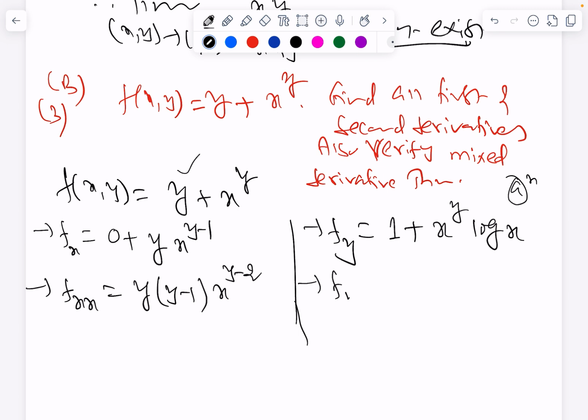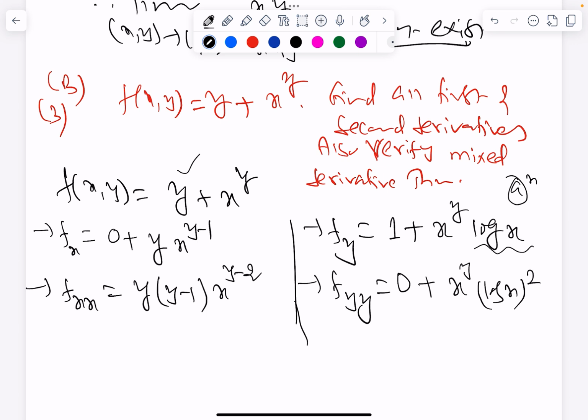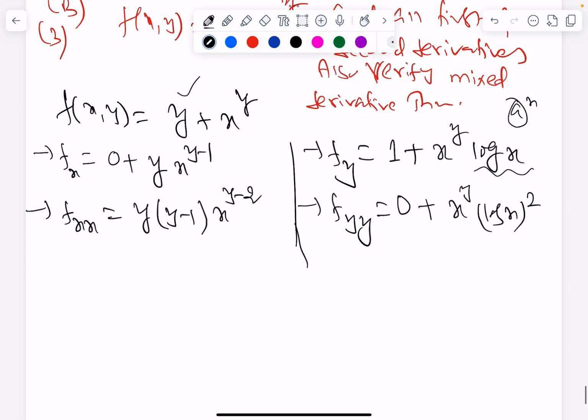If we take again the derivative with respect to y, the derivative of 1 is 0. Now x is constant, same rule, x power y log x. Already log x was there, so log x square.